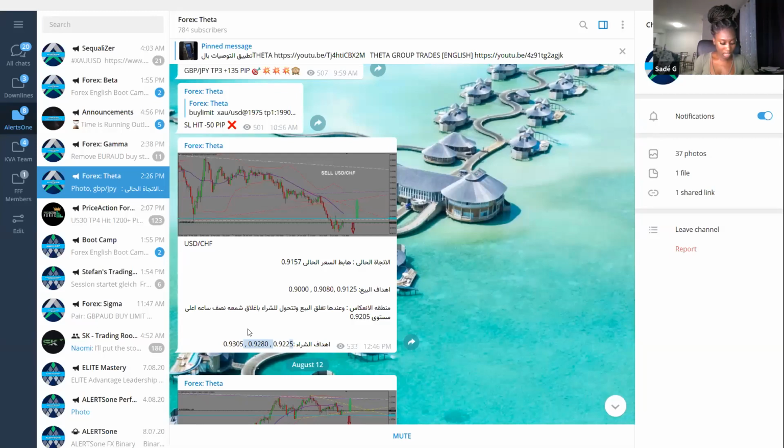Then for our buy, entry price 0.9205, stop loss is 0.9157. TP1 is 0.9225. TP2 is 0.9280.